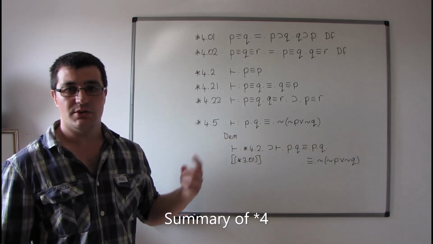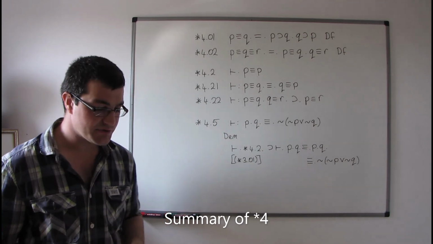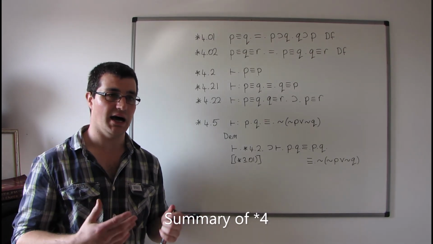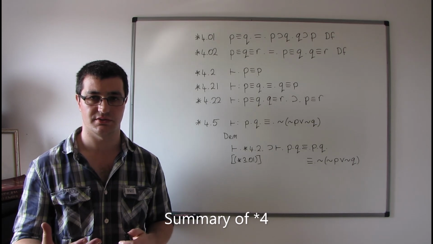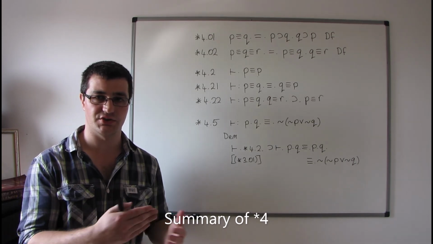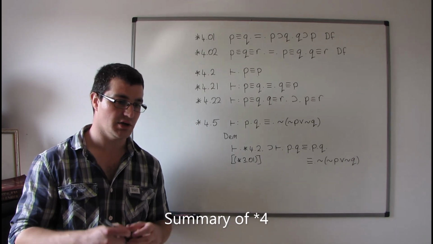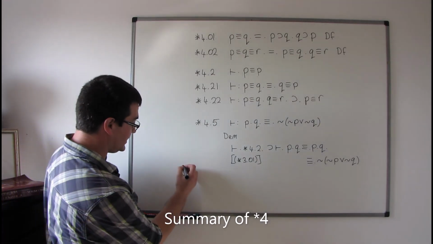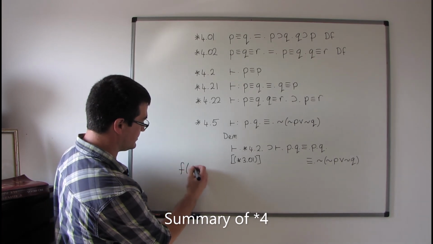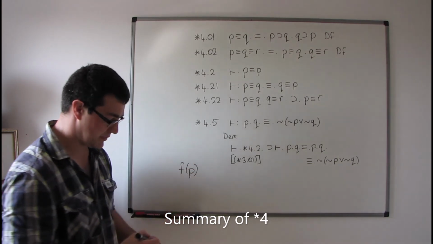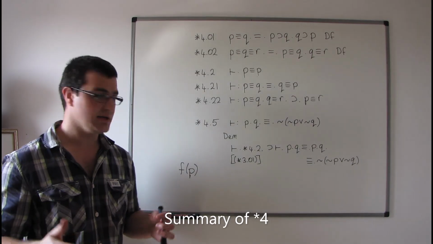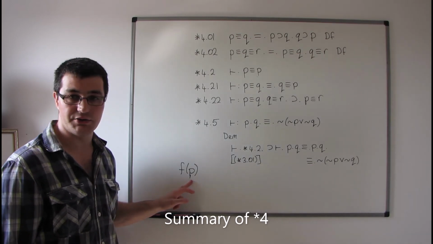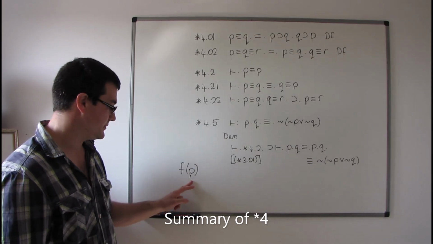Okay, so why is that useful to us? It's useful because the types of propositional functions that we're interested in are truth functions. So we don't deal with propositional functions that are not truth functions. A propositional function that is a truth function, let's say f of p, where p is a proposition, is a truth function if the value of the function only depends on the truth value of the proposition in here.